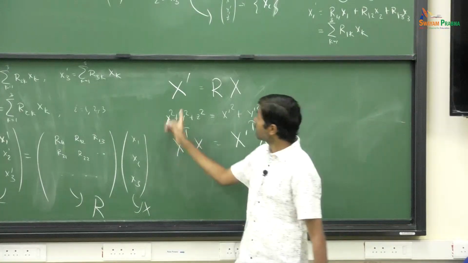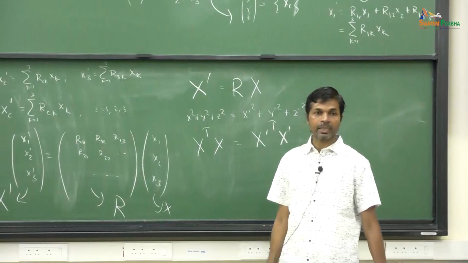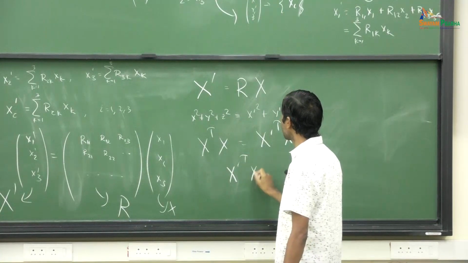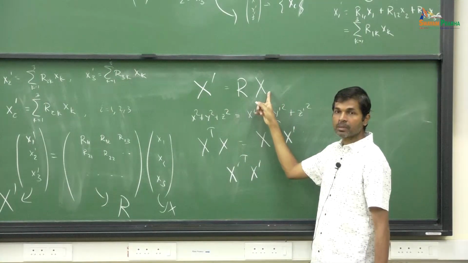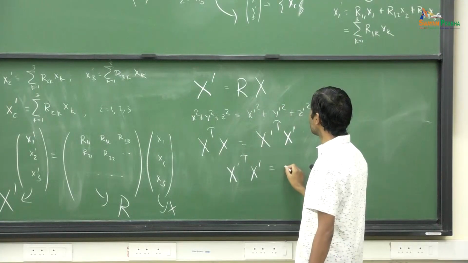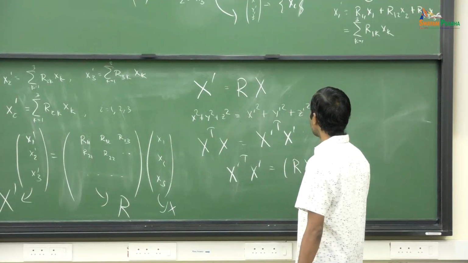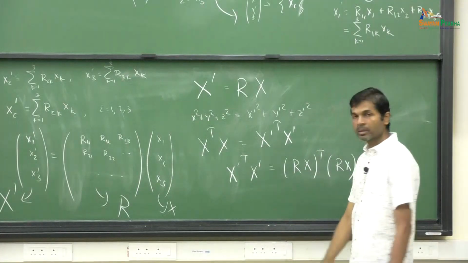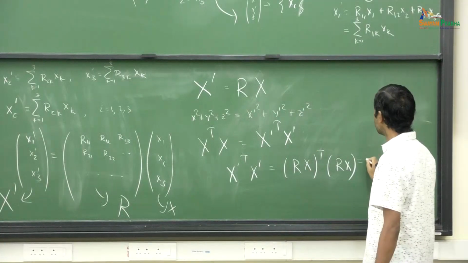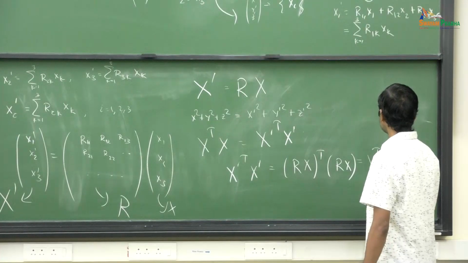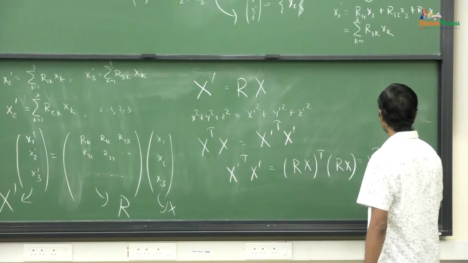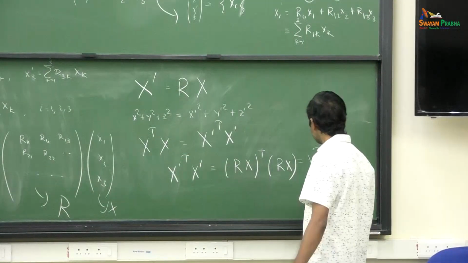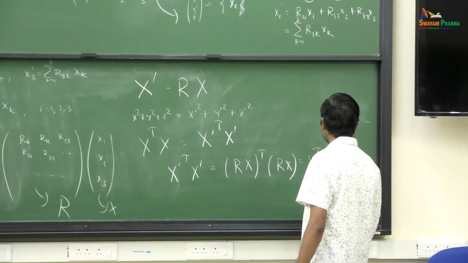So this is how x prime and x are related. And if you look at x prime transpose x prime, x prime transpose is (Rx) transpose, and x prime is Rx. So this will be x transpose R transpose Rx. And this quantity has to be the same as x transpose x.